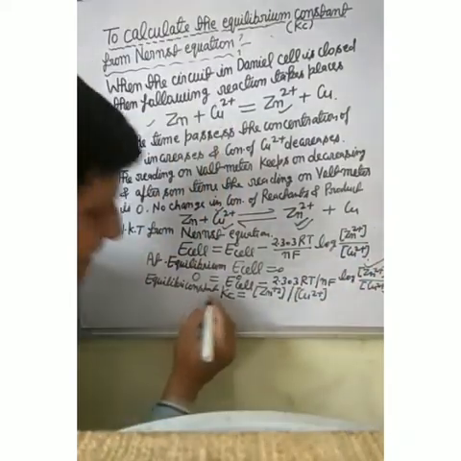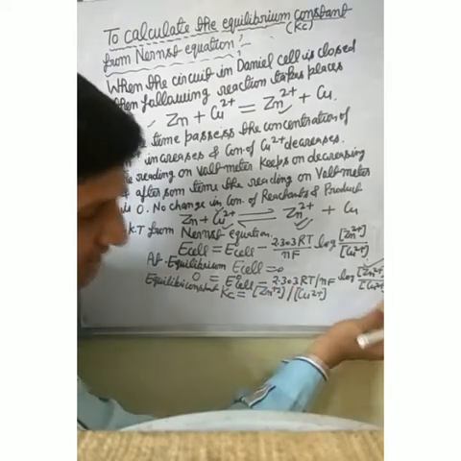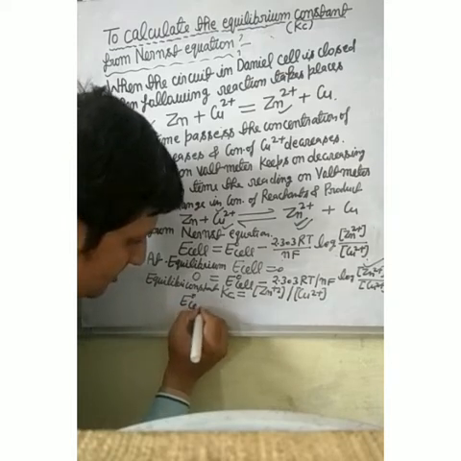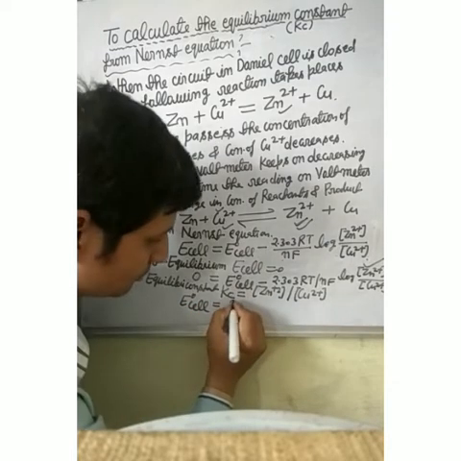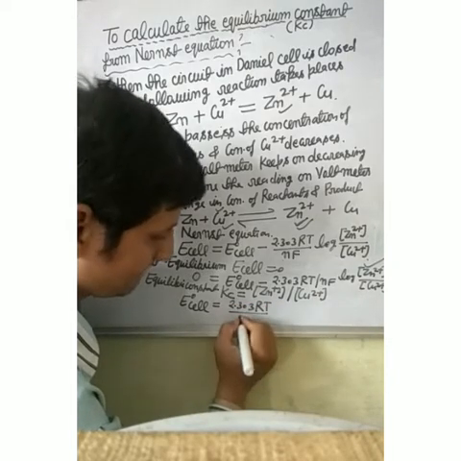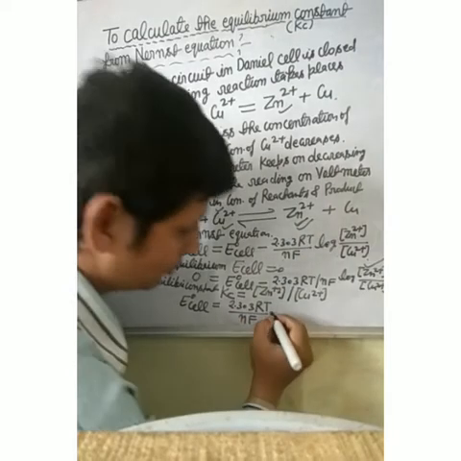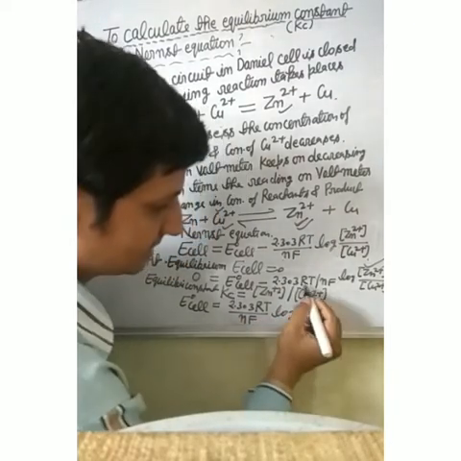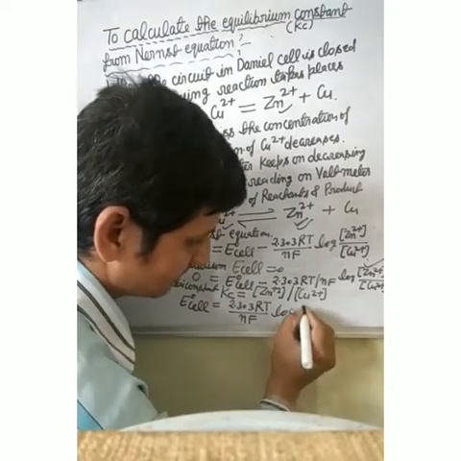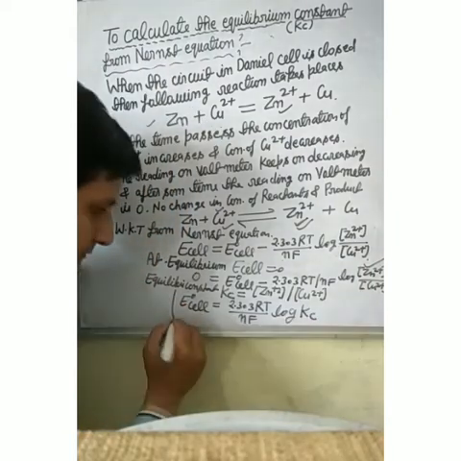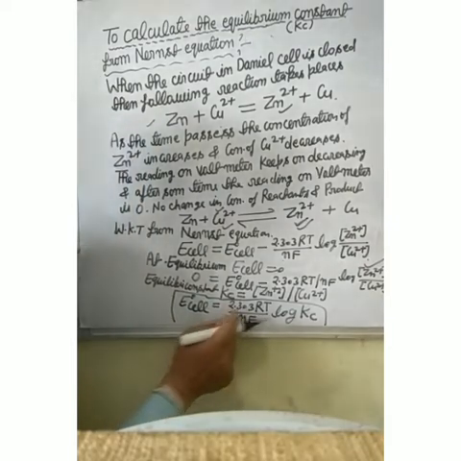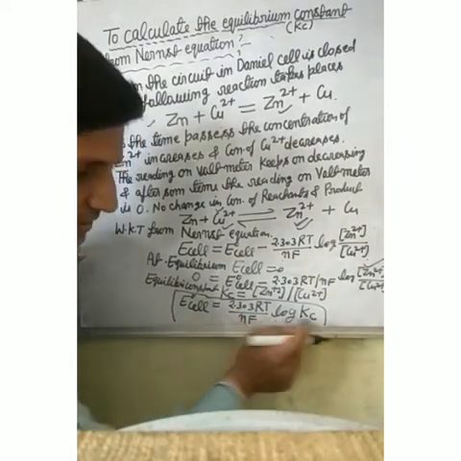Minus transferred here becomes plus, so we can write E naught cell is equal to 2.303 RT upon NF log Kc.